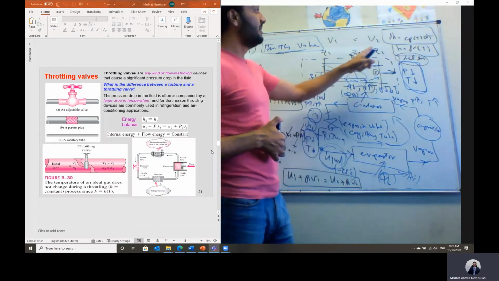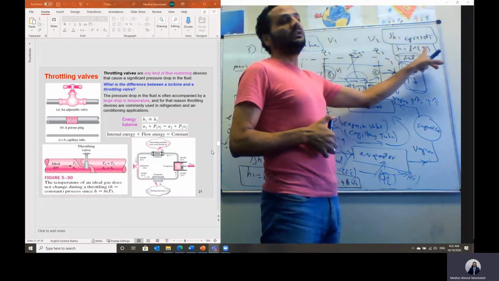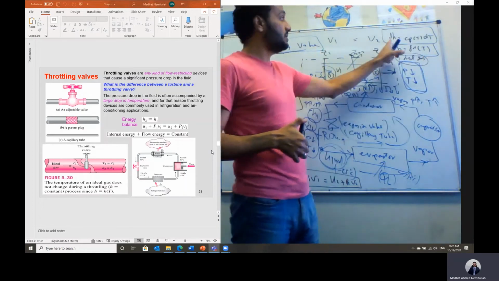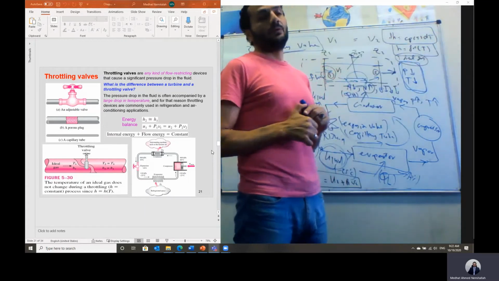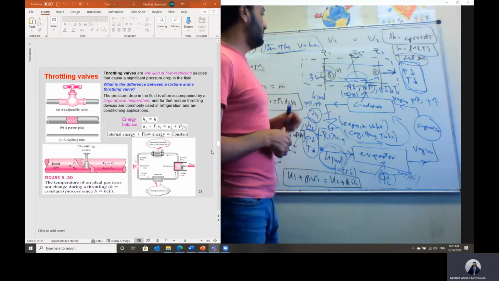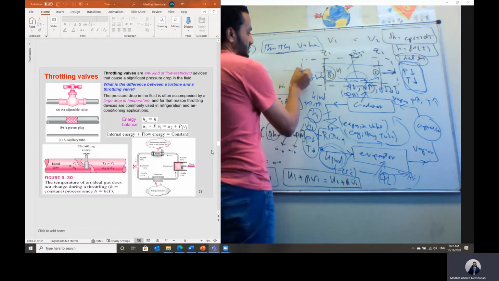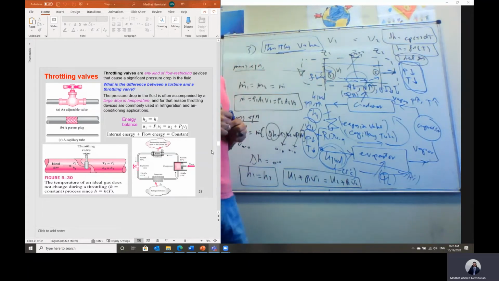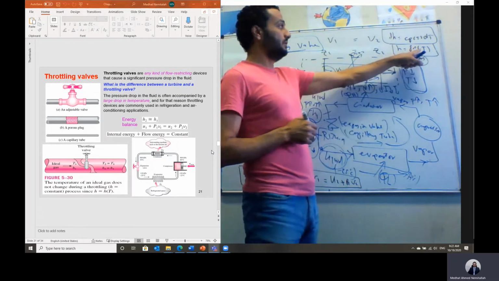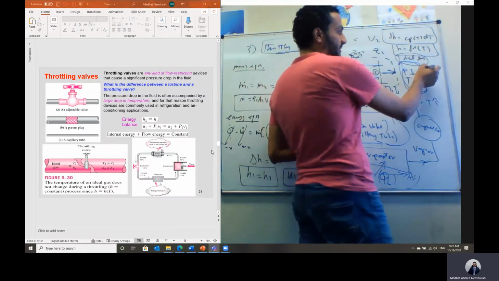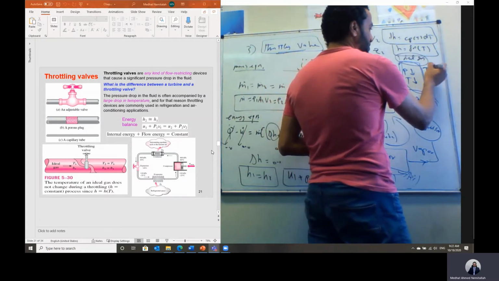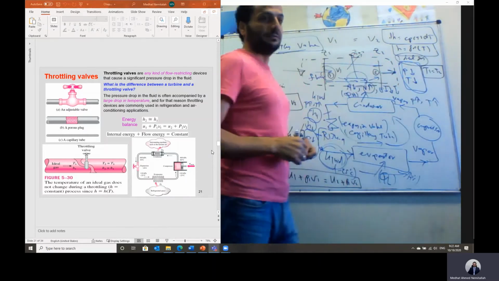But for a throttling valve, if an ideal gas is passed through it, enthalpy should be constant, and since enthalpy is only a function of temperature for an ideal gas, the temperature will also remain constant.